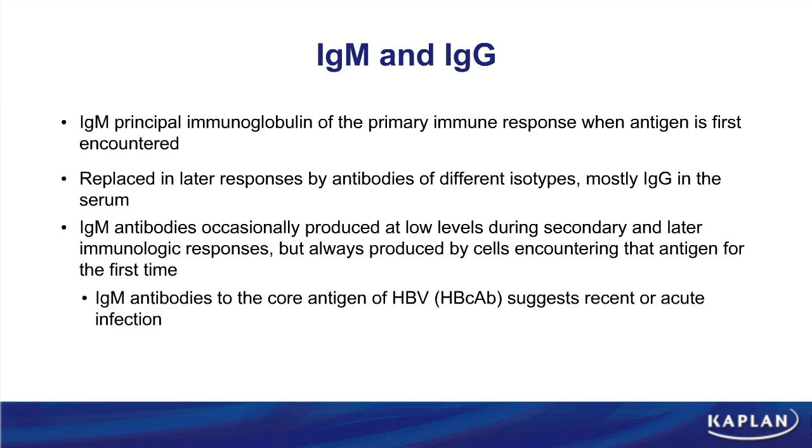So, just a couple of examples here. A patient that has IgM antibodies to the core antigen of hepatitis B virus, we know that we're going to use that to screen recent infections.